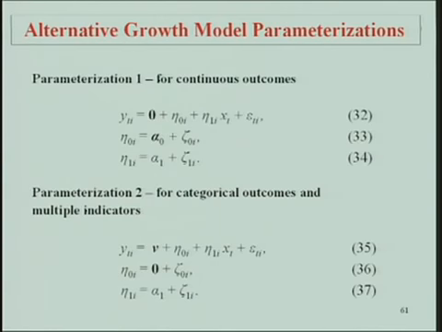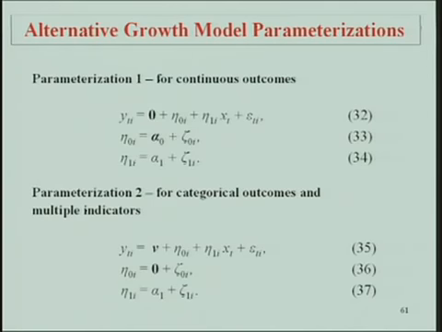Categorical outcomes late this afternoon, multiple indicators early tomorrow morning, where instead of putting the mean for the intercept growth factor here, alpha 0, you fix that to 0 and put the level parameter instead as the new parameter that I keep talking about, the measurement intercept. And have that free still just like that. So it's just moving that alpha parameter essentially up to level 1.